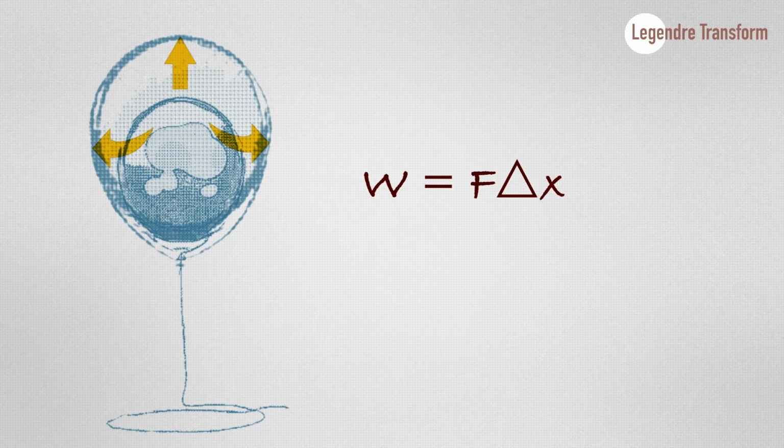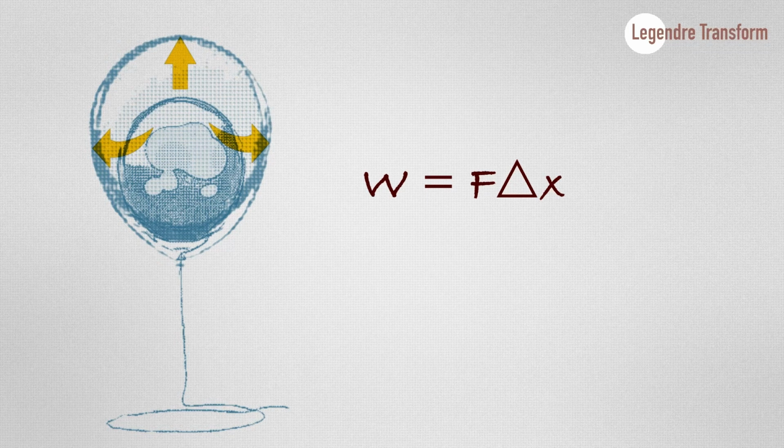And then that's multiplied by a change in position. Here, the change in position would be perpendicular to the surface, and so would result in an increase in the volume of the balloon. The force would become pressure here, and the displacement would become an increase in volume.